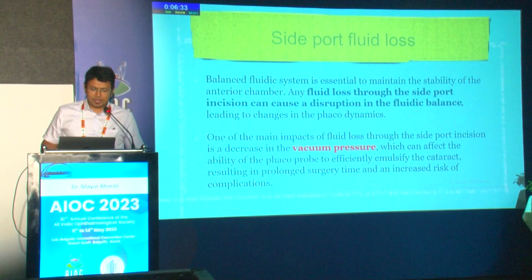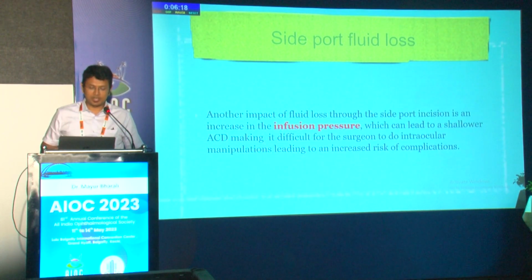A fluid loss through the side port incision can cause disruption of two important pressures related to fluid flow: the vacuum pressure, that is the negative or suction pressure, and the infusion pressure, that is in case of a gravity-based infusion, fluid coming from the infusion bag, or in active fluidics, like a higher-end machine like Centurion, where the infusion pressure is maintained by plates pressing over the bag.